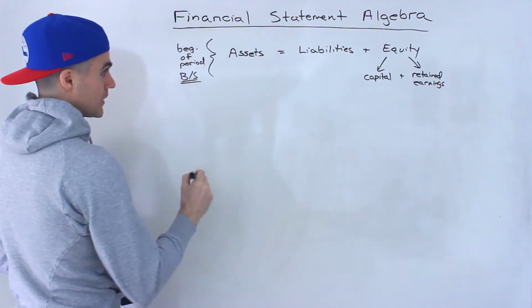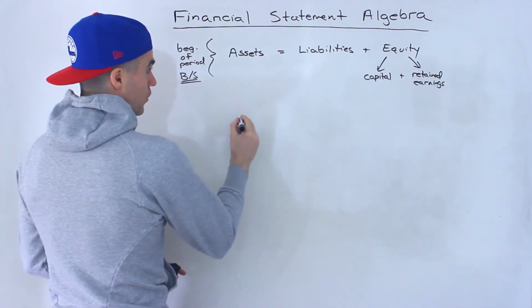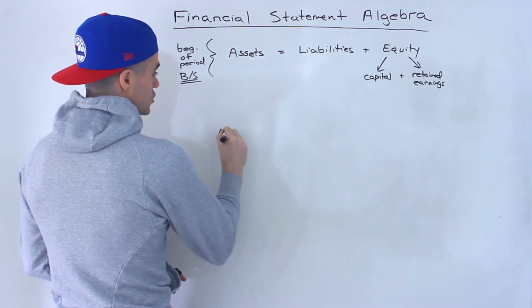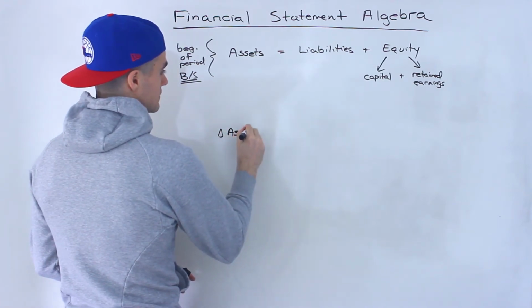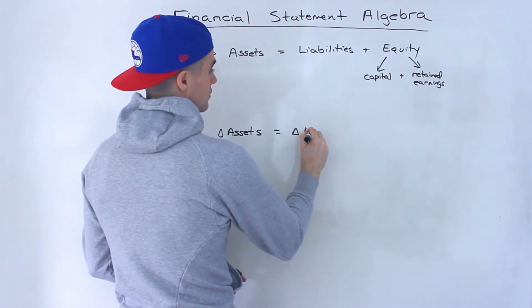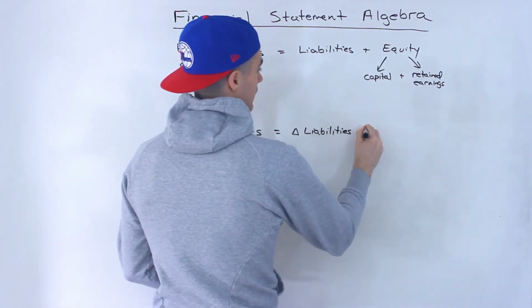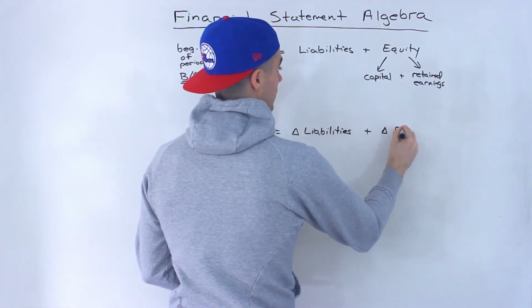And then what's going to happen is during the period, during the year, during the month, we're going to have a change in assets and then a change in liabilities and then a change in equity.